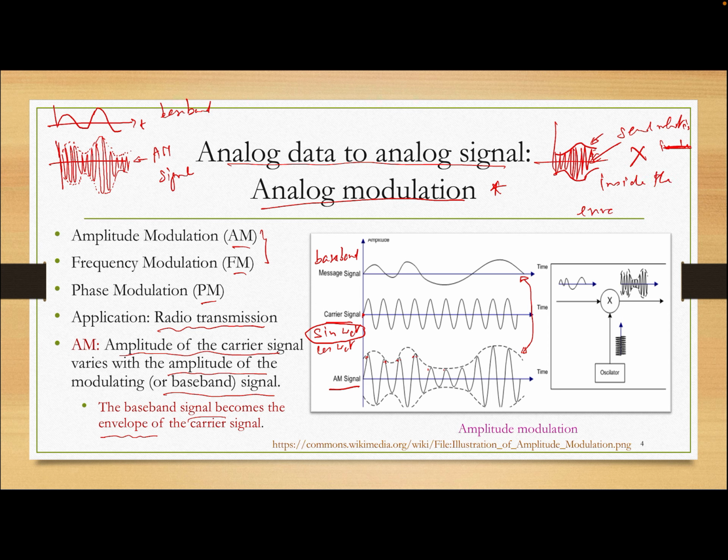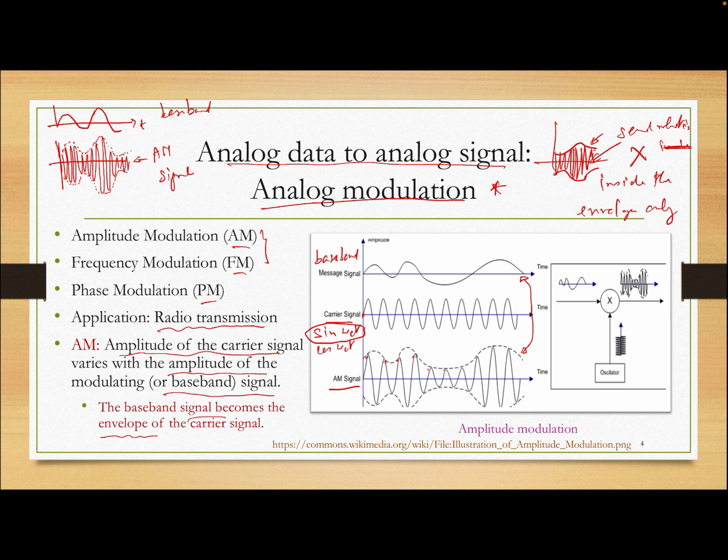You send the carrier only, and this makes it possible to send through the antennas at high frequencies. You do the amplitude modulation because, as I have talked to you about before, if the frequency is very low, you have to have a very big antenna, but if you modulate it into a higher frequency, then you can use smaller antennas.